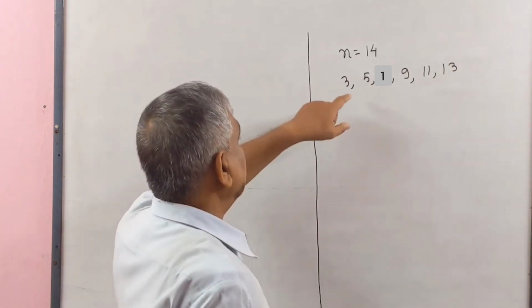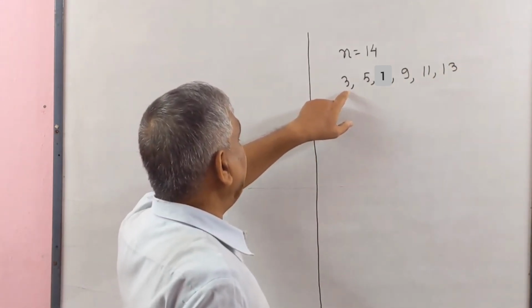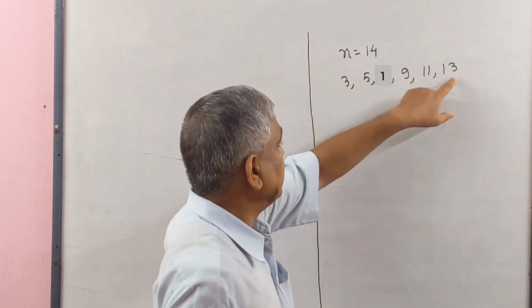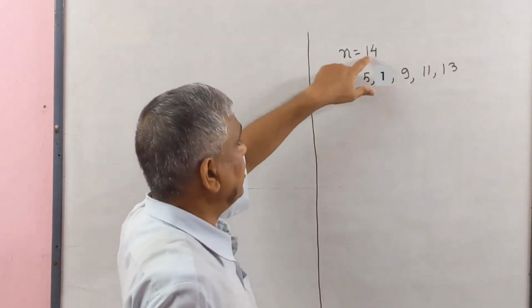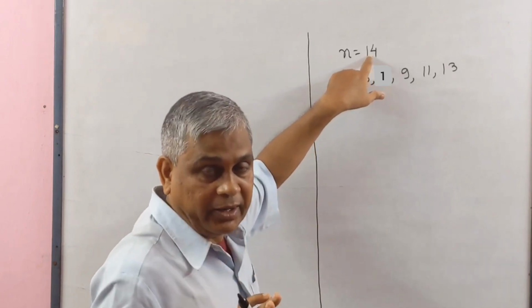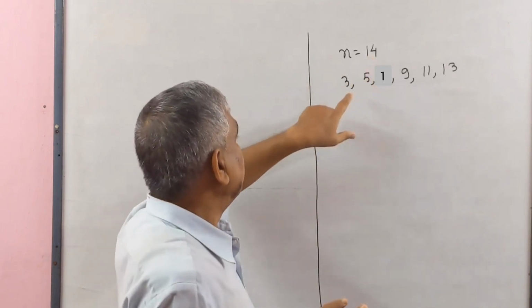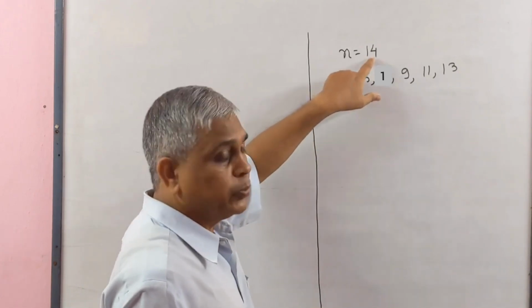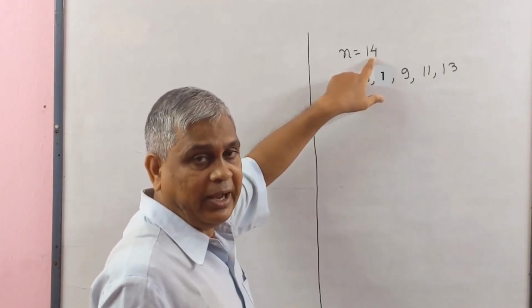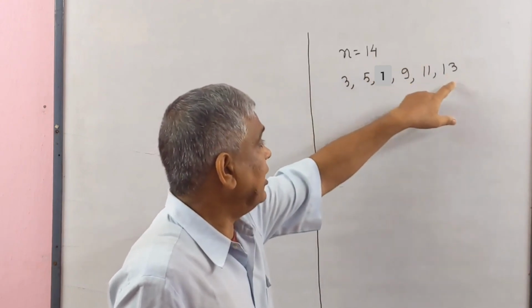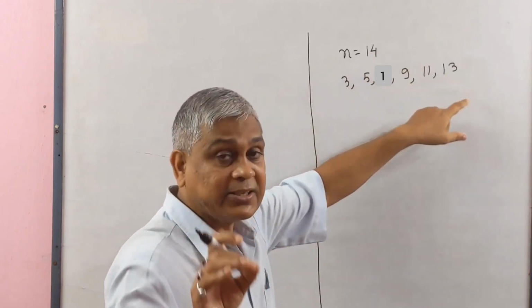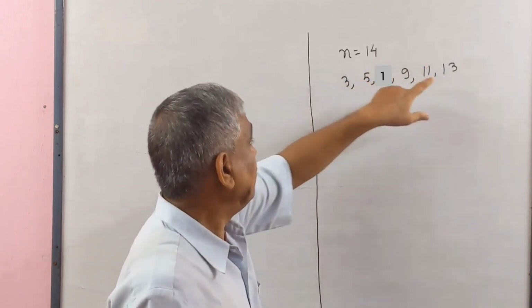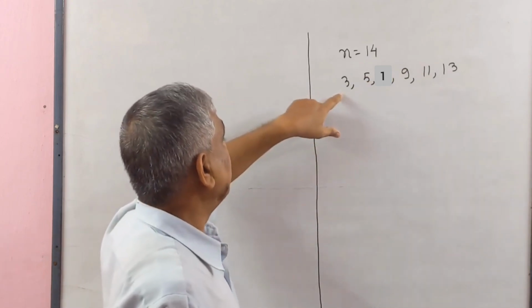Here GCD of any of these numbers with 14 is 1. Therefore, these integers are relatively prime to 14, and these are not exceeding 14, and also these are positive integers.